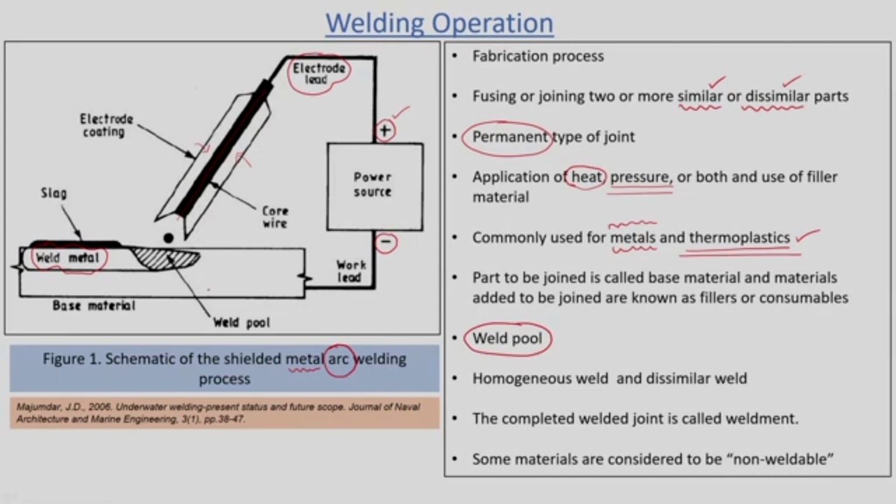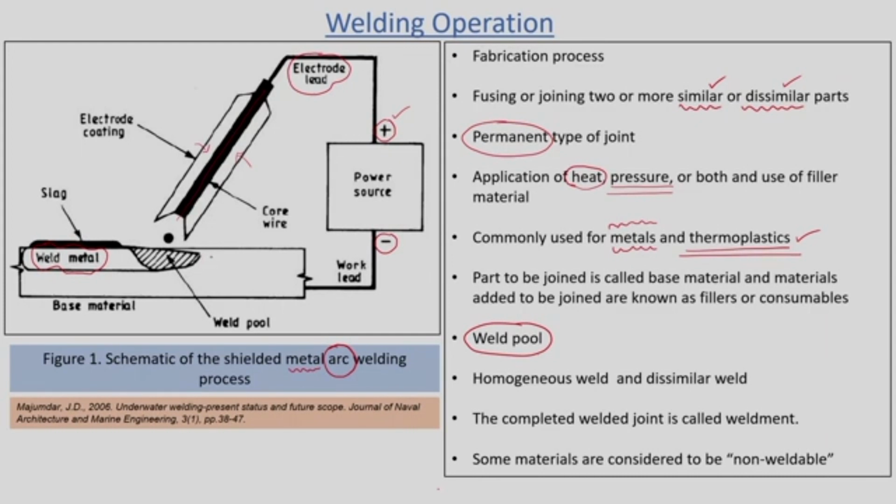So, during the application of the electric field, there is generation of electric arcs, and those electric arcs generate intense heat which melts the electrode rod as well as the materials.